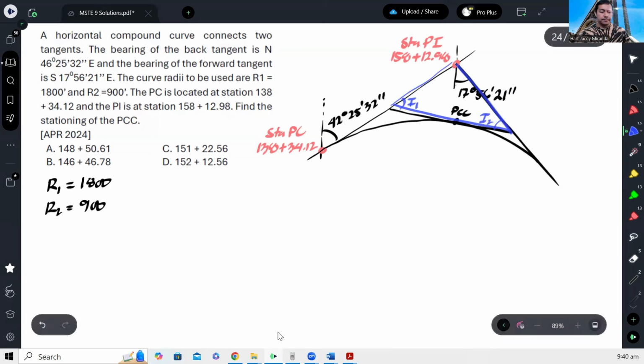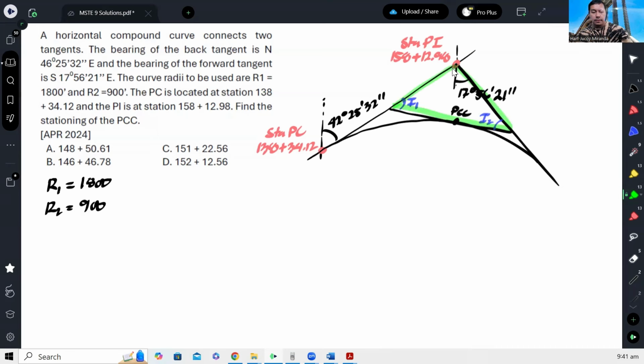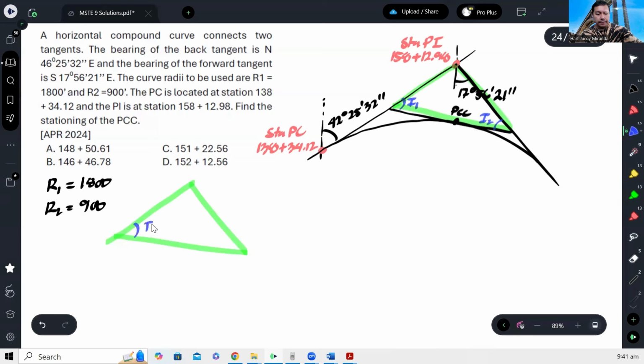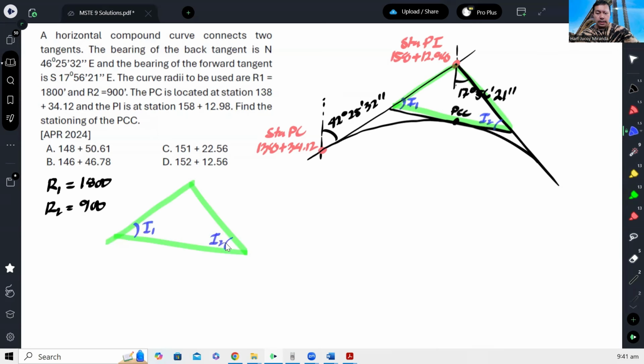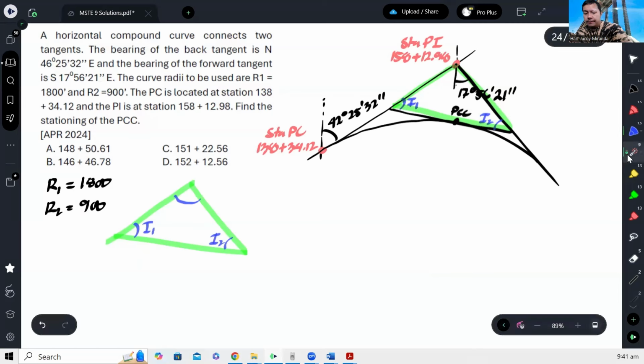Yung triangle na yan. Dito na lang. Okay? So, this is I1. This is I2. Tapos, we can definitely define this angle. Okay? So, yung angle na yan is, hindi ba, if this is angle 42, ito rin.